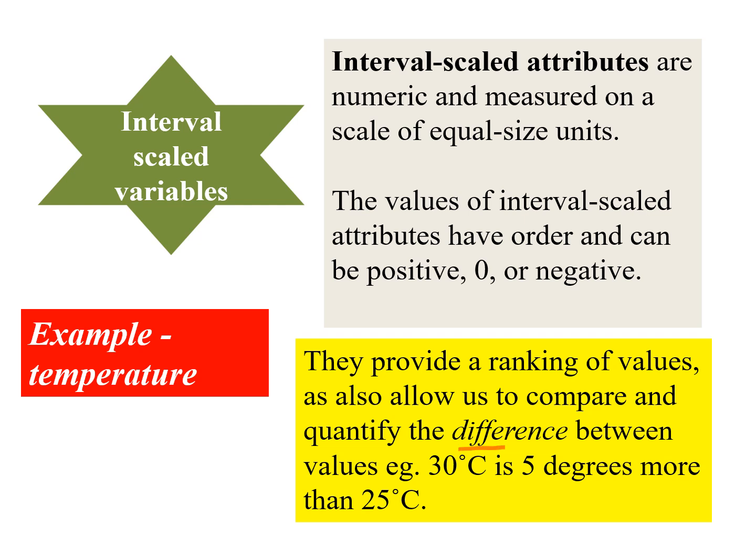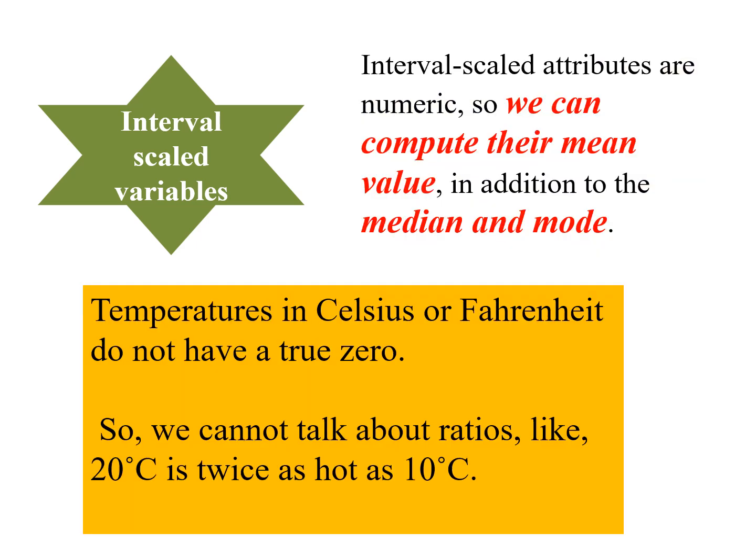You can talk about a difference between the values. Like when you say 33 degrees centigrade, you are correct if you say it is 5 degrees more than 25 degrees. So in interval scale variables, you can talk about a difference between two values. Mean can also be computed in addition to median and mode.